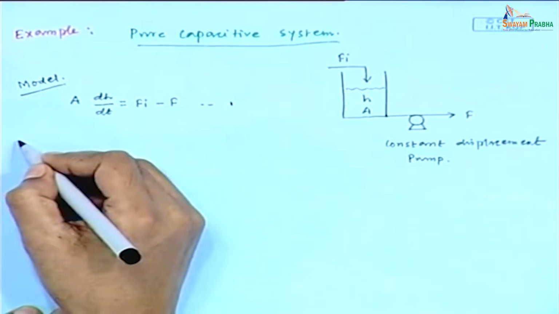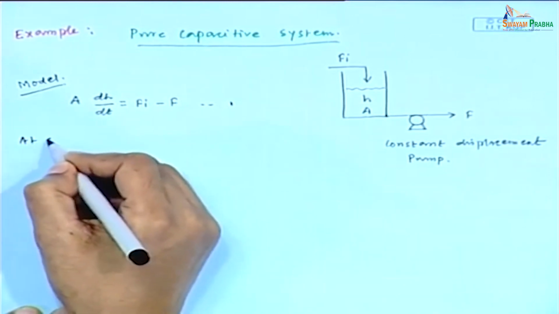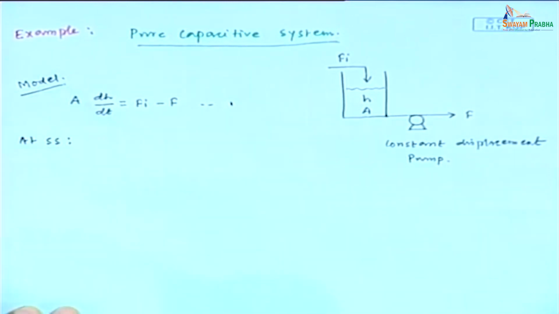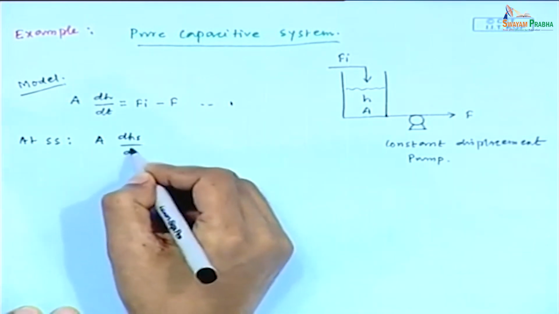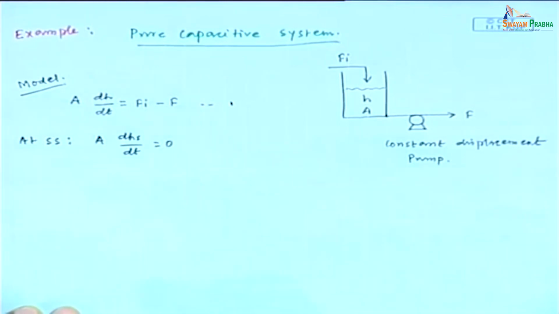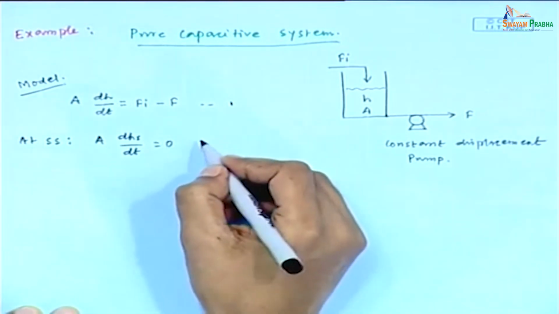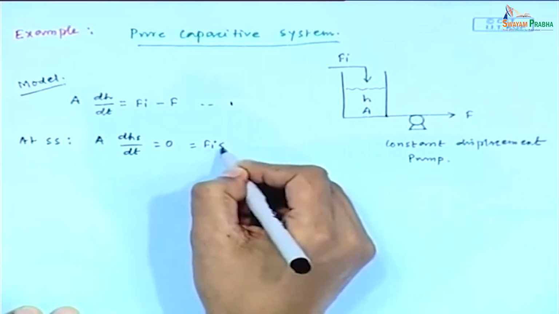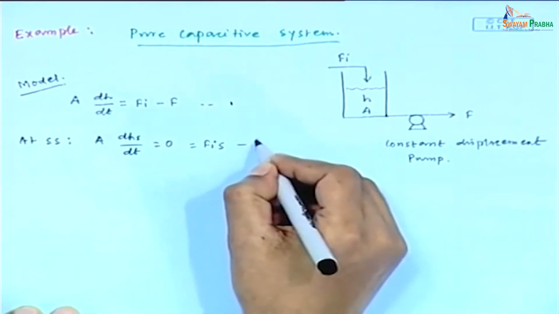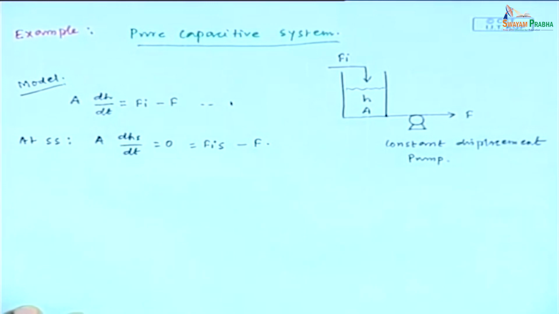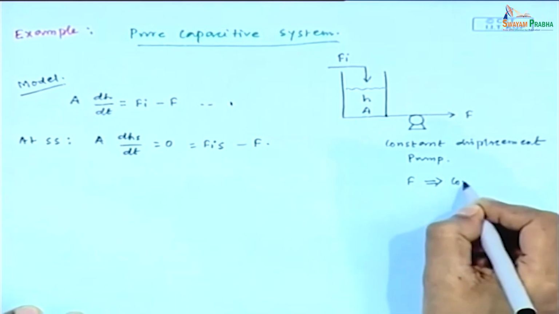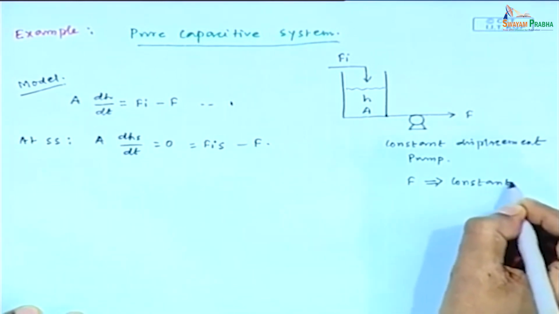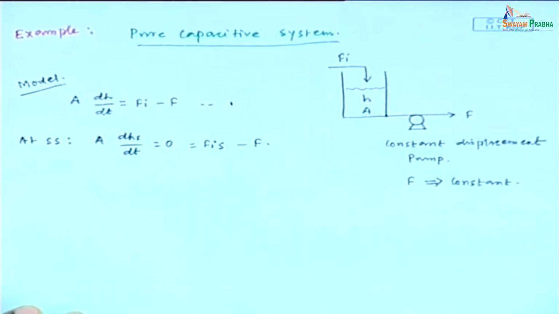Now, this is the modeling equation. What will be the equation at steady state? At steady state we get dHs/dt, which is nothing but 0, equal to Fis minus F. I told that for the case of constant displacement pump, F remains constant.